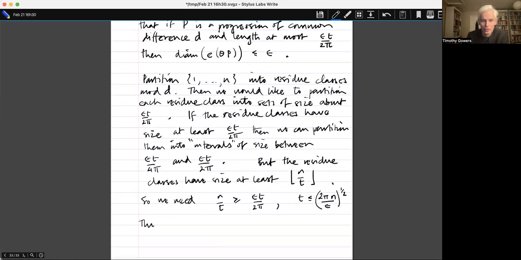So this gives us that each progression has size at least epsilon t over 4 pi, which is, yeah, so I sort of assume I can take t actually equal to this, which again is not necessarily true because of integer parts and that kind of thing.